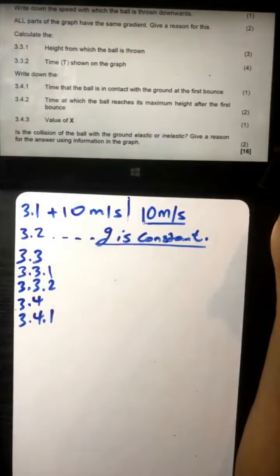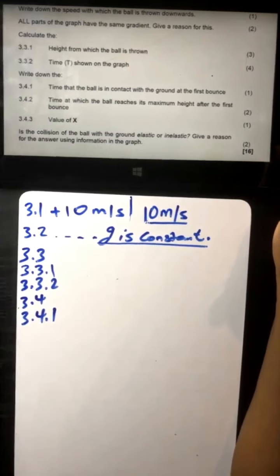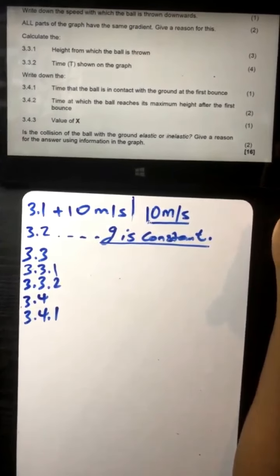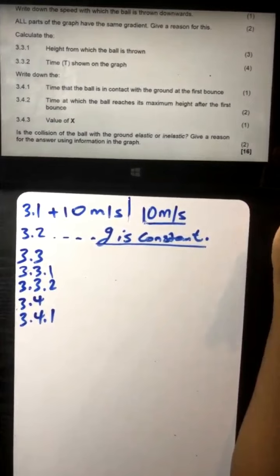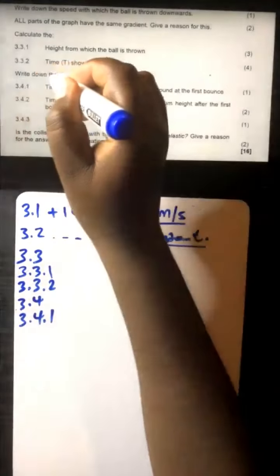So normally in this case you don't need to stress that much, or you don't need to perform a lot of calculations. You might find that you don't even need to perform any calculation because almost everything is given. So guys, question 3.4.1 says write down the.